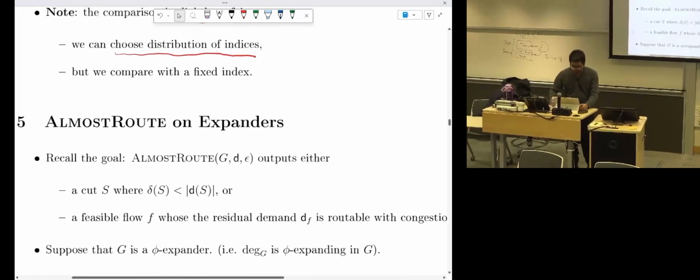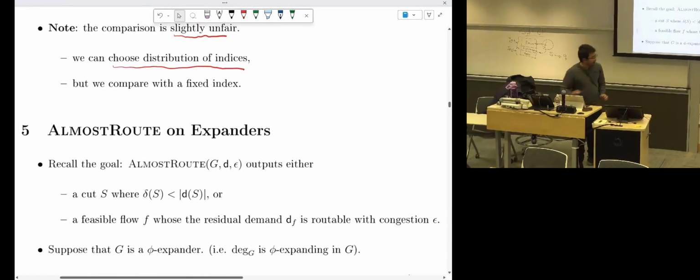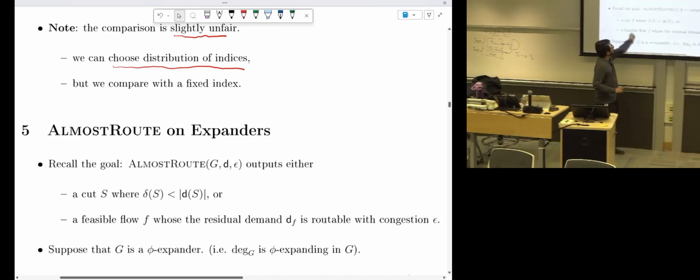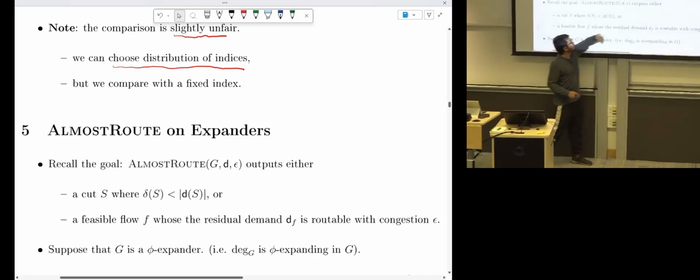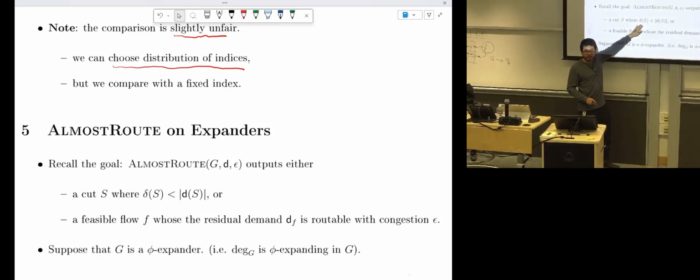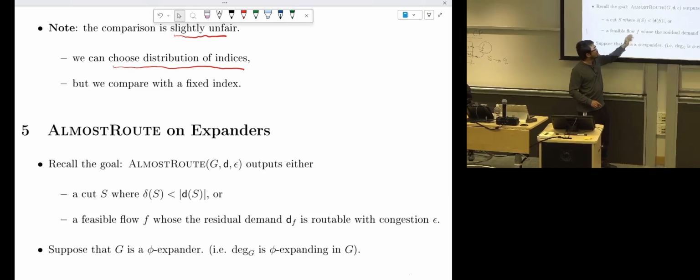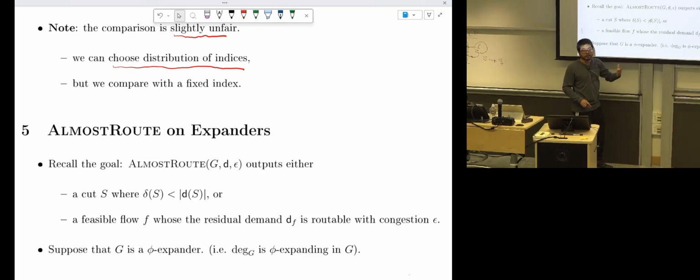Okay, just recall again, almost route: we have a graph, D, and epsilon. We either find a violating cut or find a flow whose residual demand is routable with congestion epsilon.